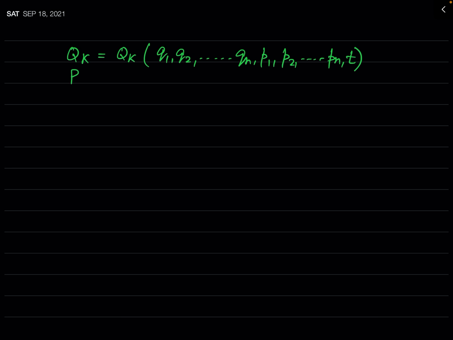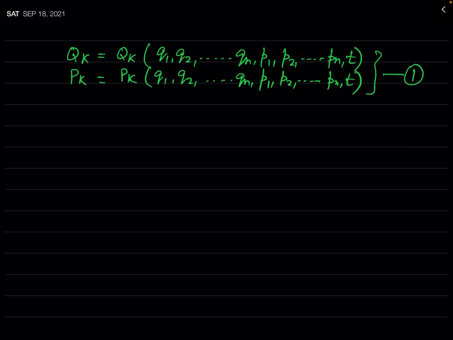And similarly, Pk may be written as Pk of q1, q2, so on qn, p1, p2, so on pn, t. And say this is your equation 1.